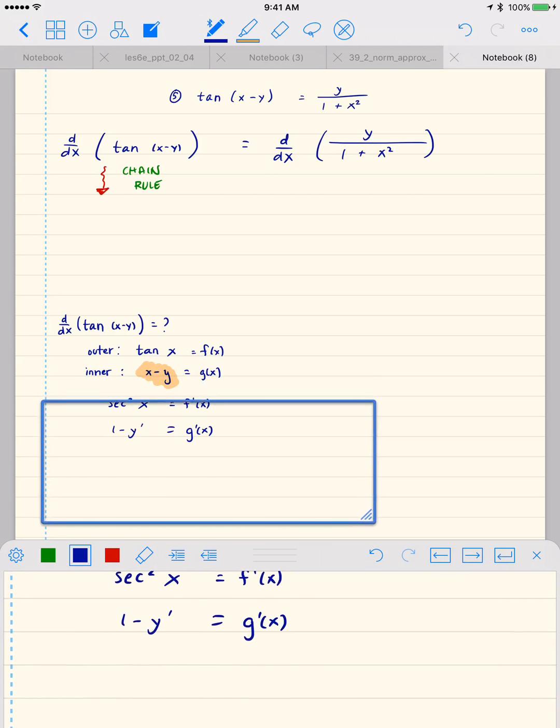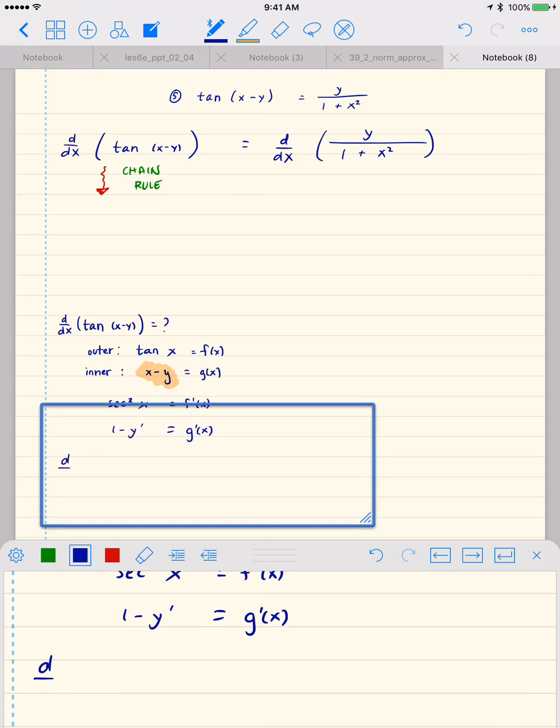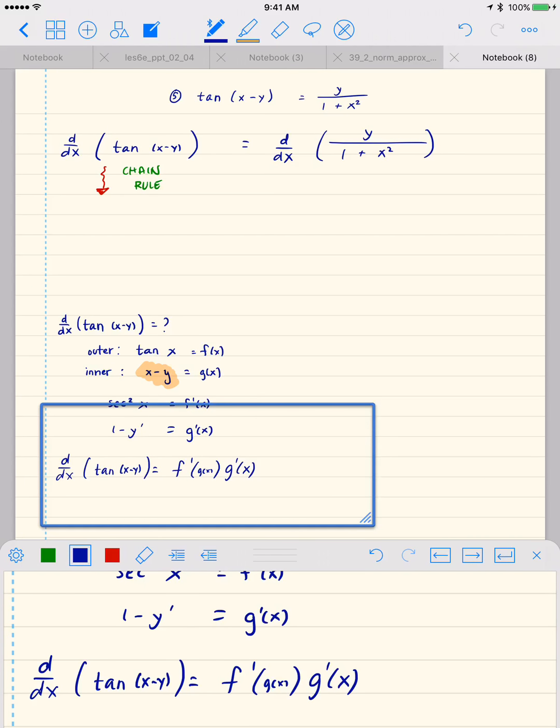Okay. So, my d/dx of the tangent of x minus y is going to be f prime of g of x times g prime of x.